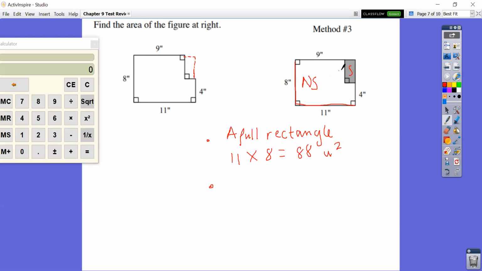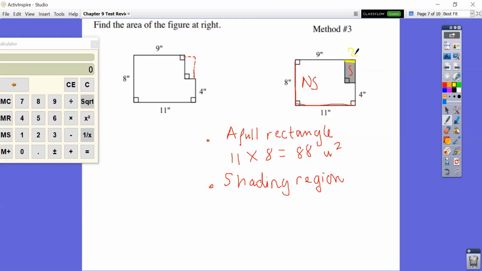Now I'm looking for the area of the shaded region. So I'm going to put it down, the shaded region. What do I have for the shaded region? I have this link right here, missing. Right here is my missing link. So let's consider 9 plus what equals 11. 9 plus 2 equals 11.